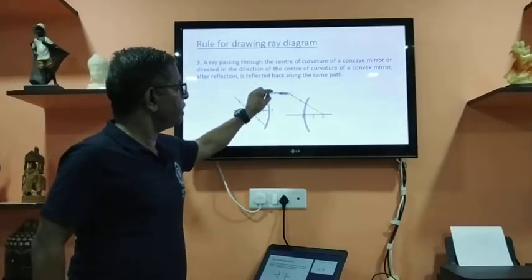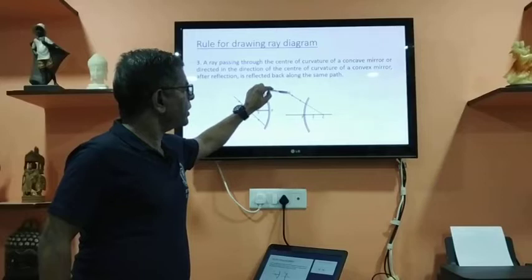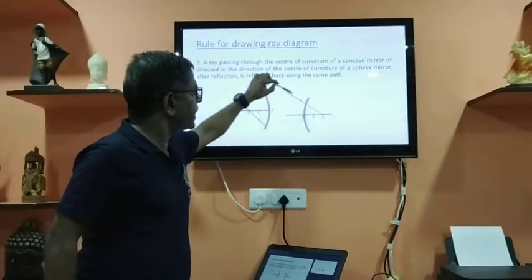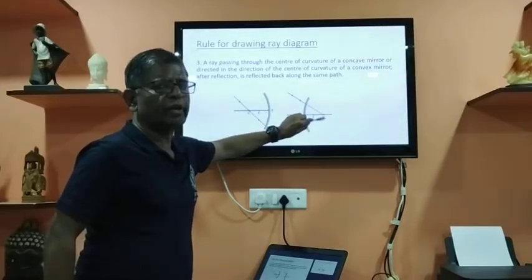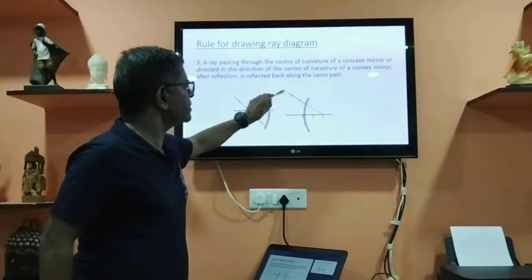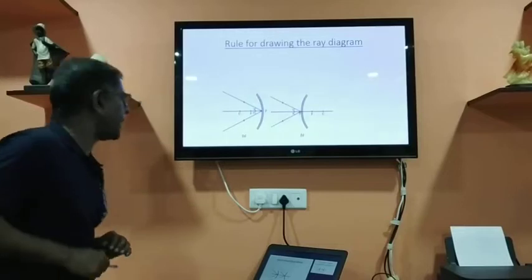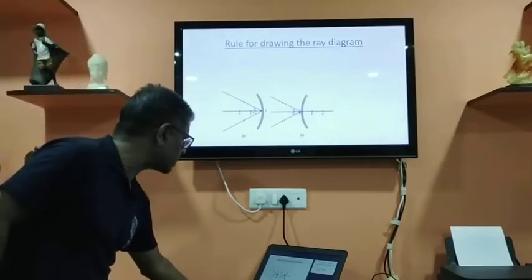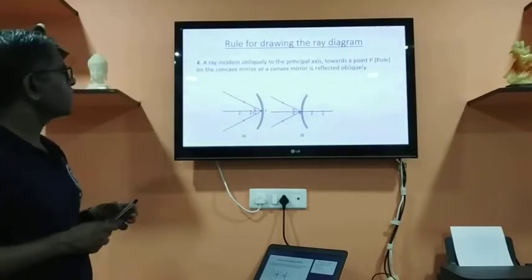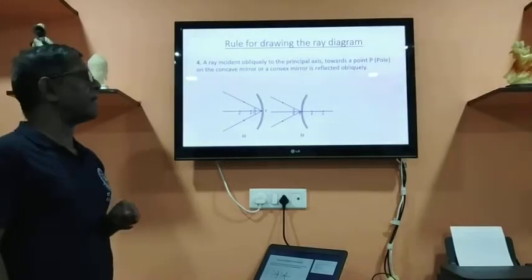If you see, the line is incident on the mirror, and this is passing through the center of curvature, and then it reflects back and retraces its path. And the last rule, that is rule number 4, is again based on the law of reflection.